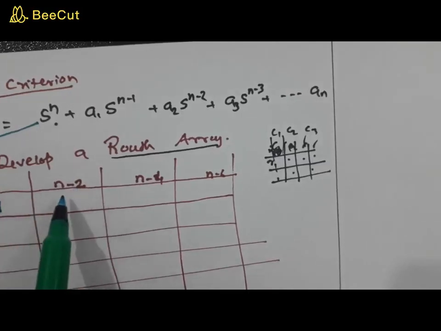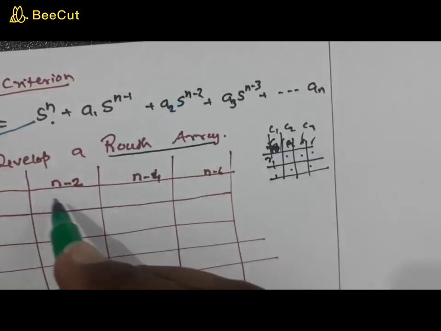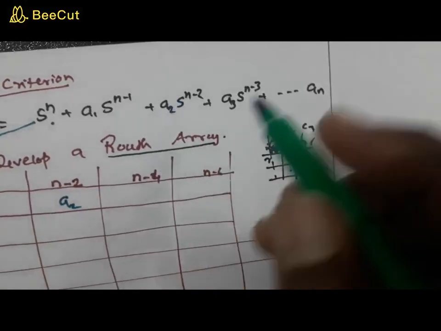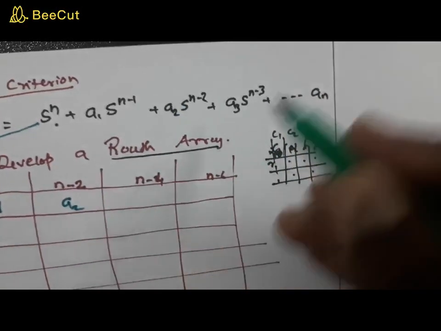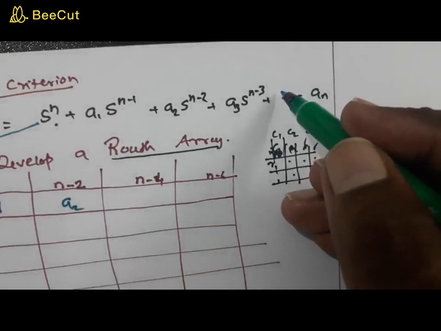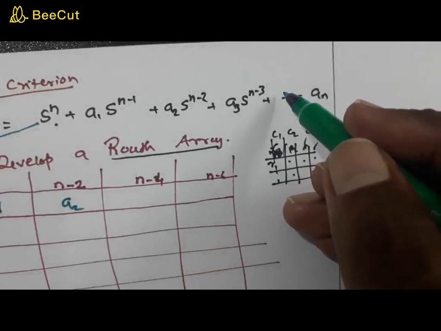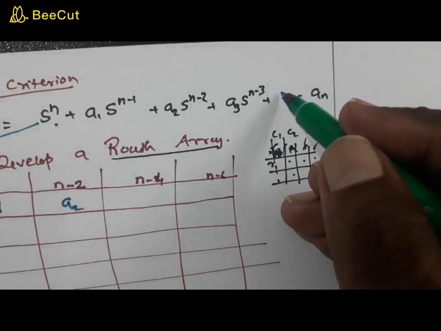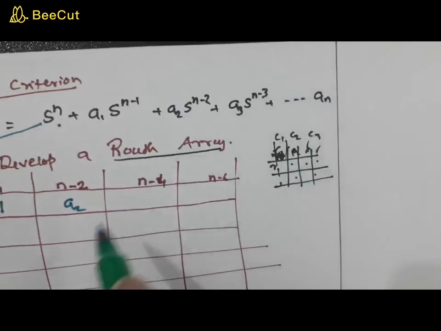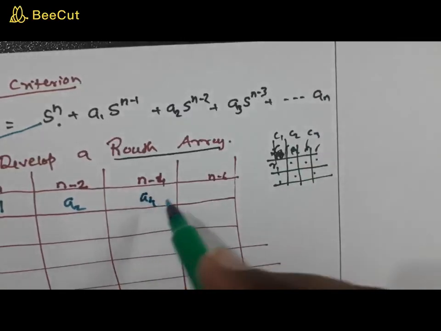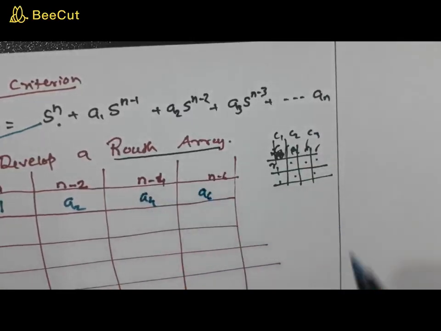What will be here? This will be the coefficient corresponding to n minus 2, which is a2, right? And the coefficient corresponding to n minus 4 will be a4, right? The next one will be a6, and so on.